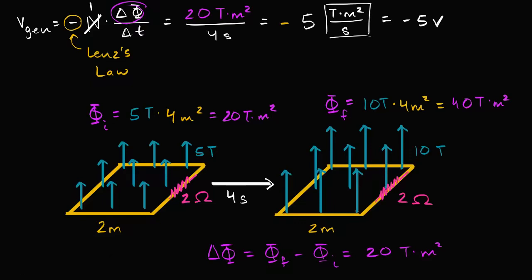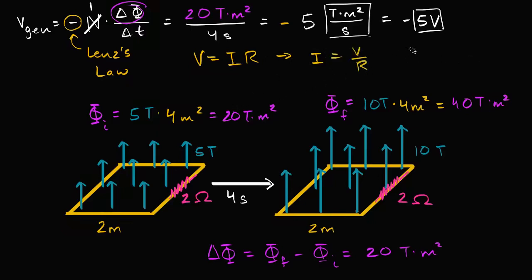So if you have a voltage of, well, let's just say 5 volts. We can think about the negative later. If you have a voltage of 5 volts across a circuit that has a resistance of 2 ohms, what is the current going to be? Well, we just have to remind ourselves V is equal to IR, or voltage is equal to the current times the resistance, or you could say that the current is equal to the voltage divided by the resistance.